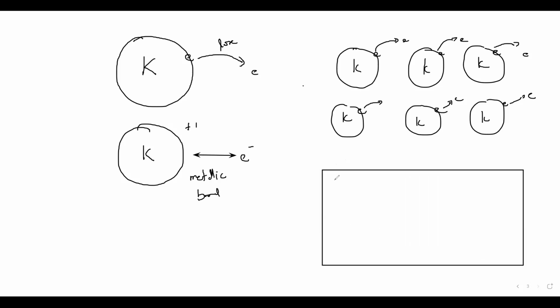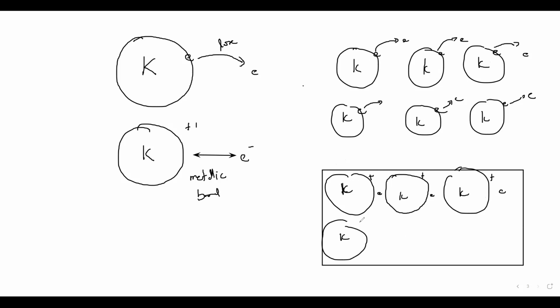When potassium loses electron, it will form a positive ion and there will be electron. Then the second potassium will form a positive ion and there will be electron. Then the third potassium will also lose electron, so form a positive ion and electron. Then another potassium loses electron to form a positive ion. So this will continue as all of the potassium loses electron.